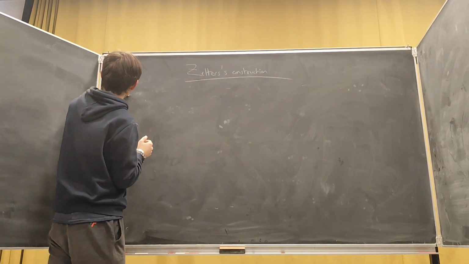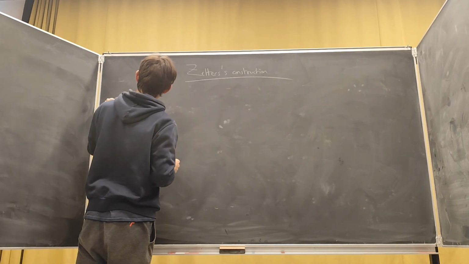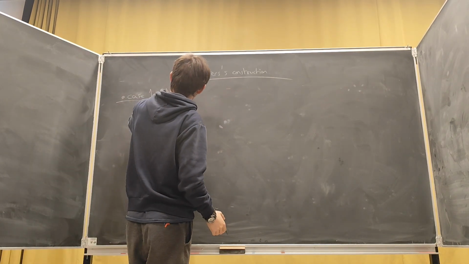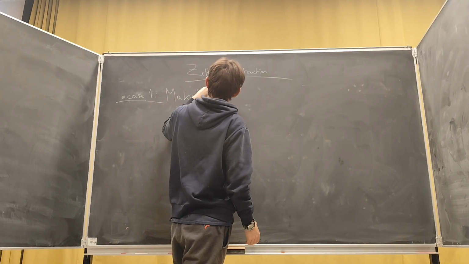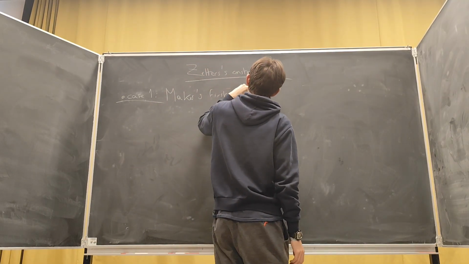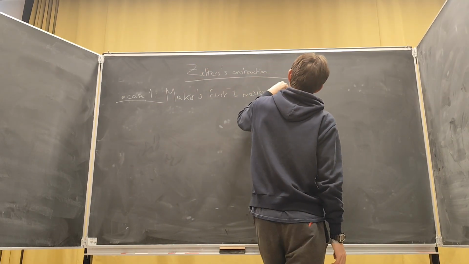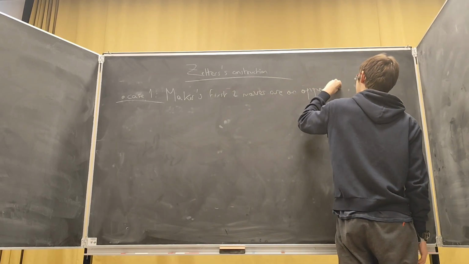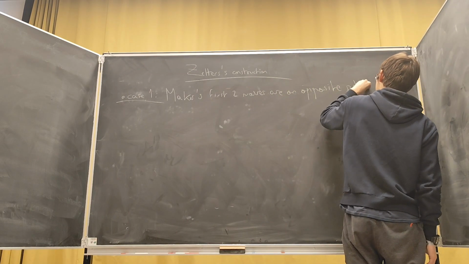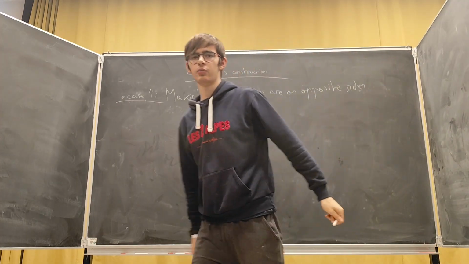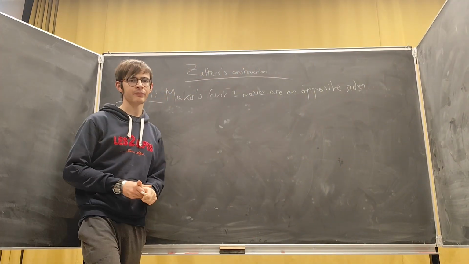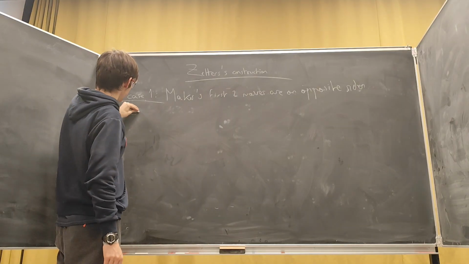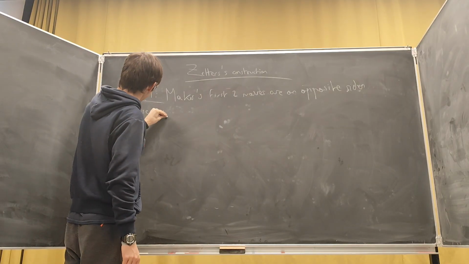So case 1, maker's first two moves are on opposite sides. So this is the case that we've gone over right now. Now we have two other cases to go over, as I outlined a few minutes ago.